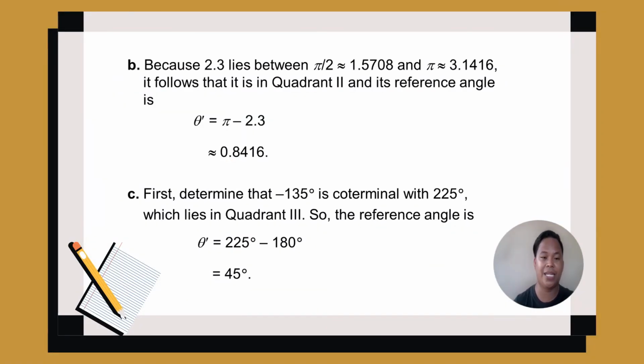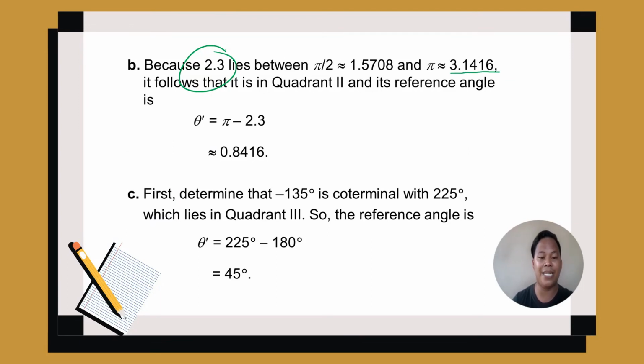For letter B, the given angle measure is in radian measure po. Since the given angle has no degree sign po. And 2.3 lies between pi over 2, which is approximately equal to 1.5708, and pi, which is approximately equal to 3.1416.